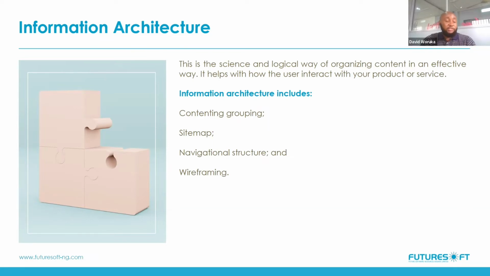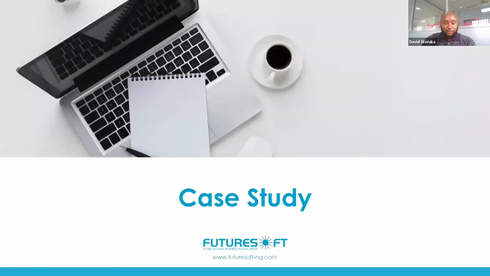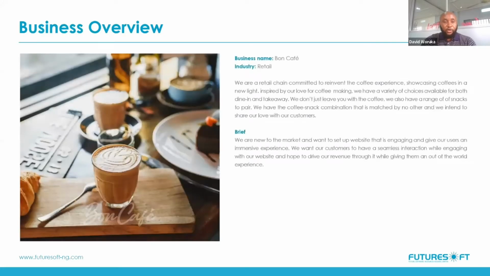So basically, this is the process you go through in developing a user experience. And in as much as I've explained this to this point, I know it's up in the air and a bit vague. So I put down a case study to help bring it home so that you can understand how these different processes can actually be applied in real time and used to create an experience.